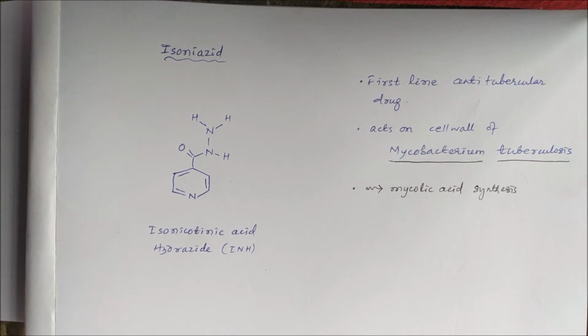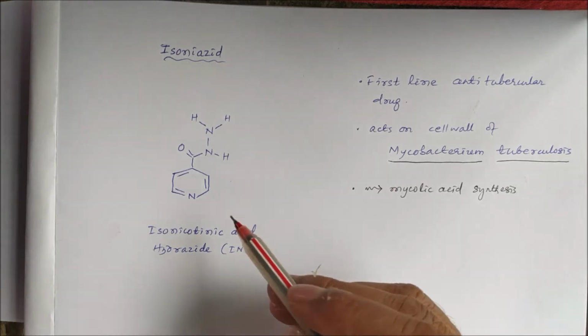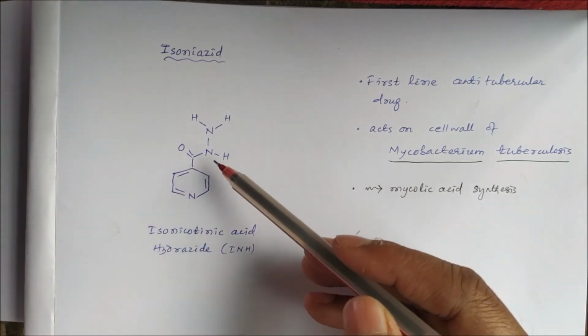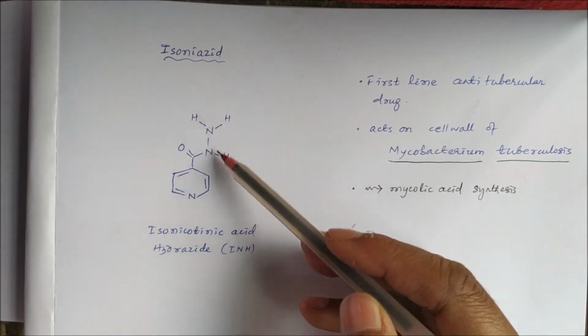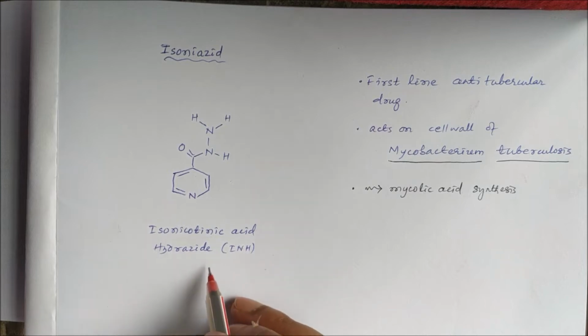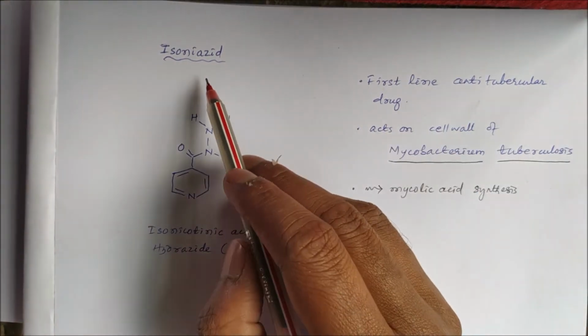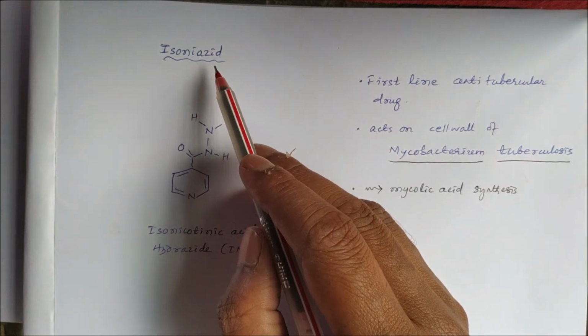Namaskar. Today we will study the mechanism of action of isoniazid. This is the structure of isoniazid, which is isonicotinic acid hydrazide or INH, and commonly it is called isoniazid.